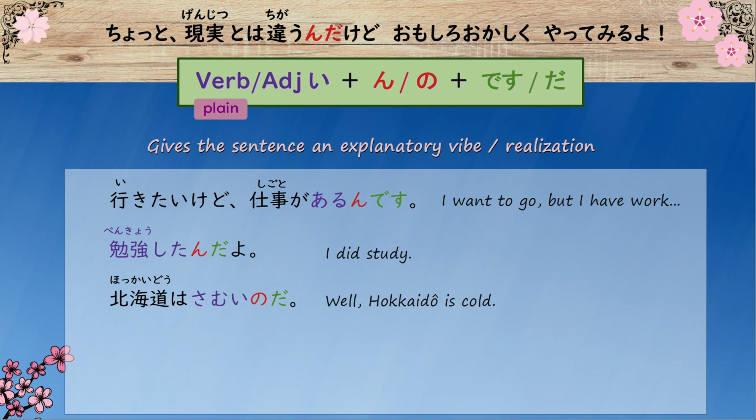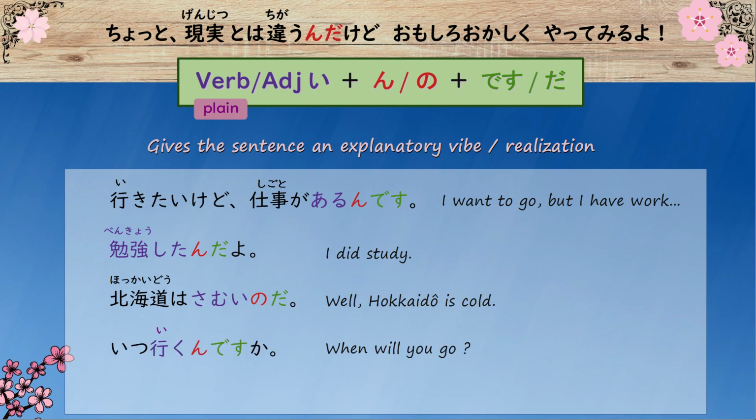The listener doesn't seem to know that Hokkaido is cold, or he forgot it, but you want to explain what you're doing, giving a good explanation, a good reason, a good tip also, you see? So you know some information that the listener misses, and you kind of brief him, or keep him updated. Basically, that's the basic use of んだ or んです.